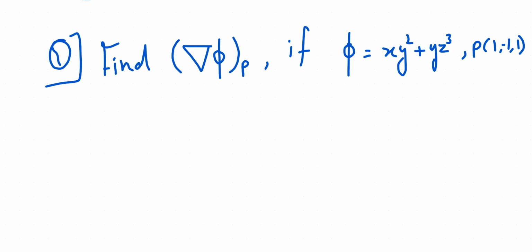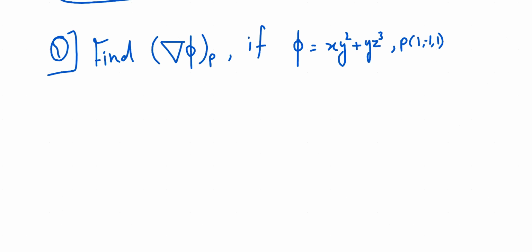So now let us find the gradient of phi at point P. First of all, we will find the gradient, then we will put in this value.